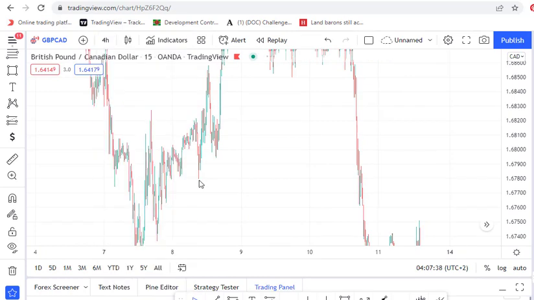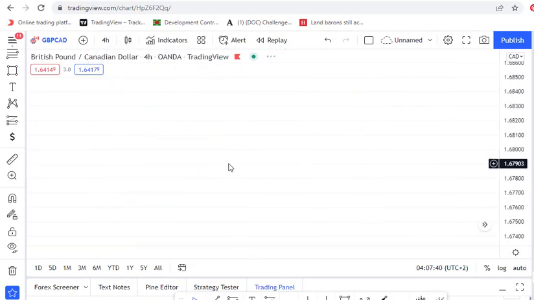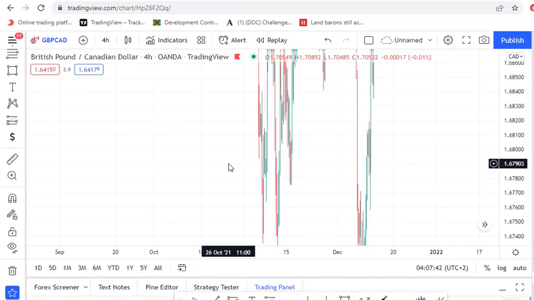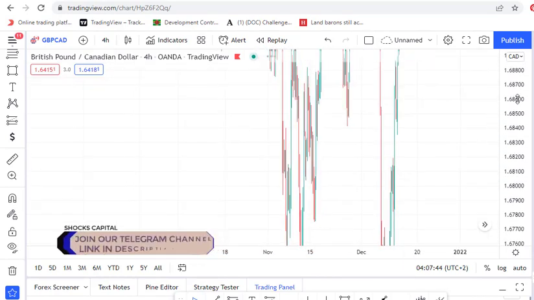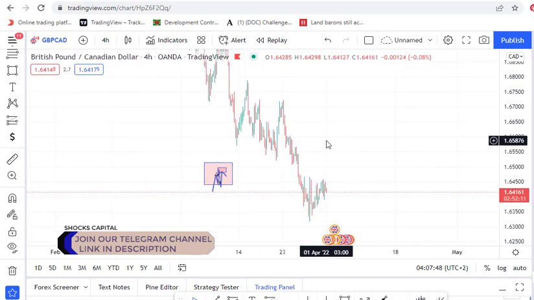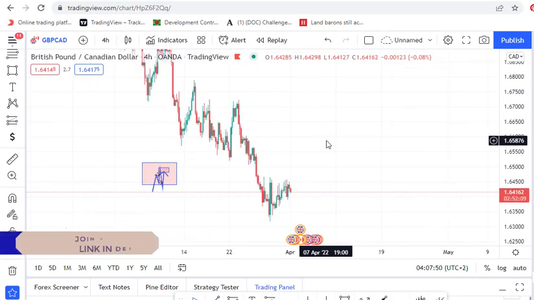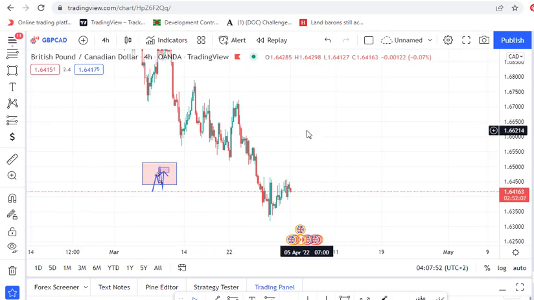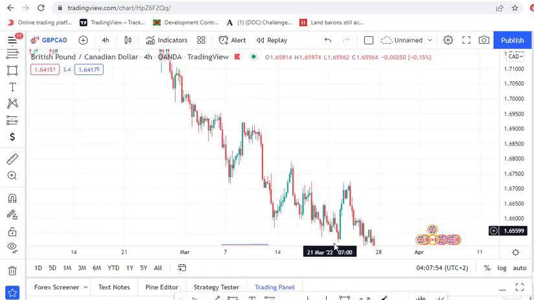Now we want to go to the H4. Remember, we showed you the risk entry, right? So we are going to the H4 and try to find an entry using the confirmed entry pattern method. But we want to get the same entry and the same trade.